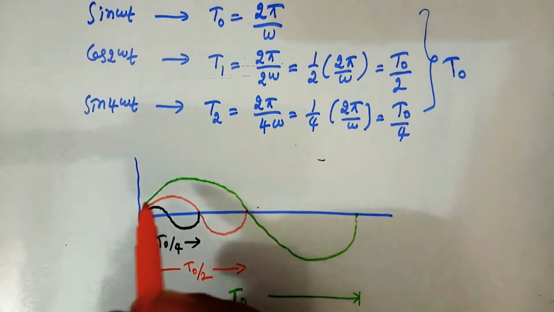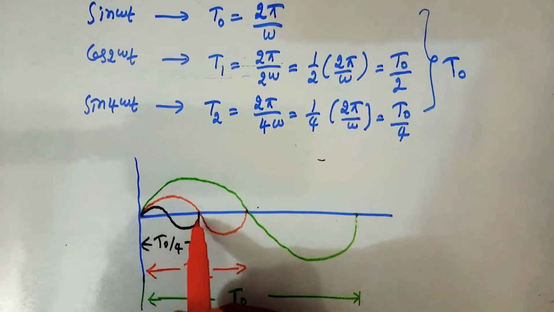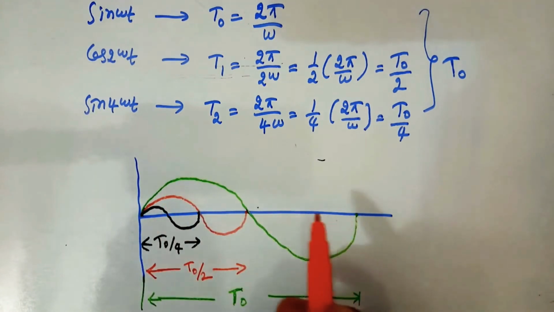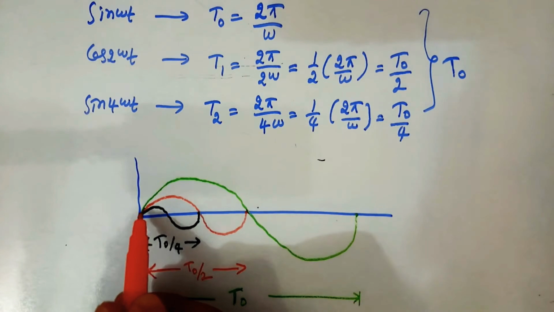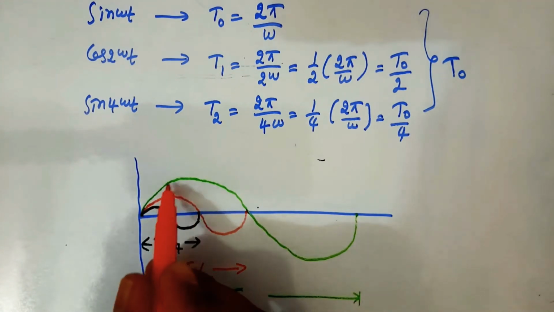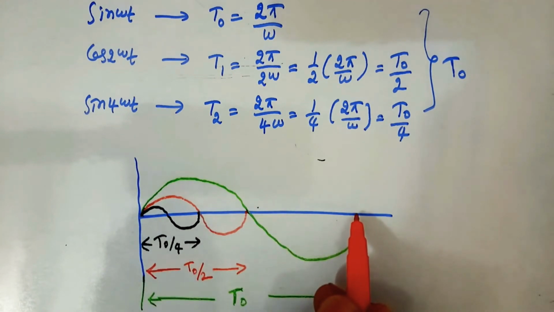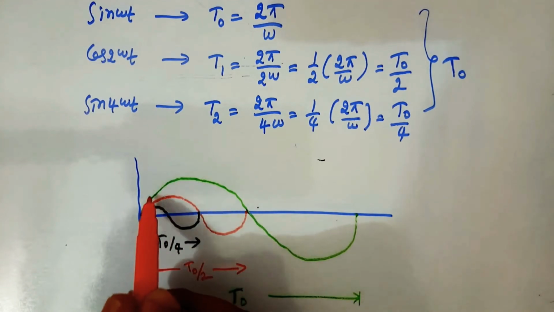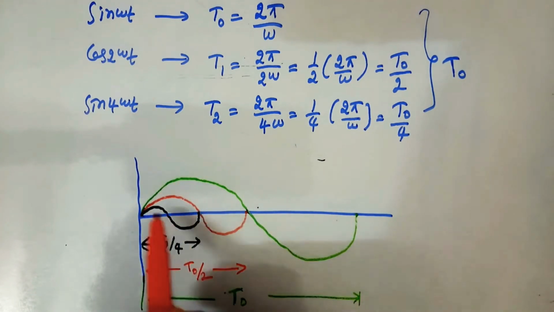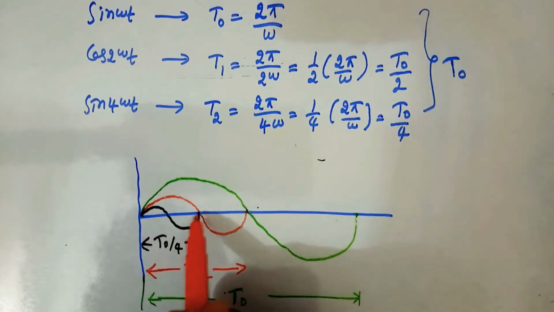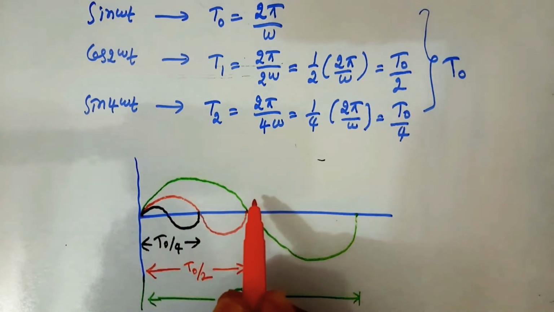See, in the time interval T naught by 4, this function repeats, but this function is not repeated. In T naught by 2, this function repeats, but this function is not repeated. If the time period is T naught, this function is repeated and this is also repeated.